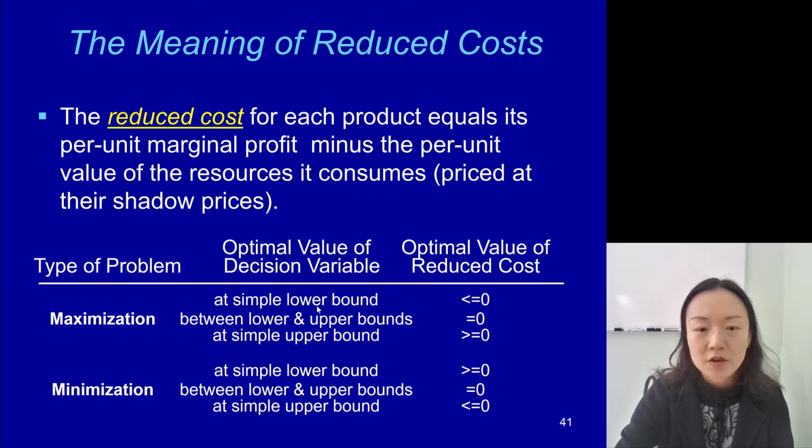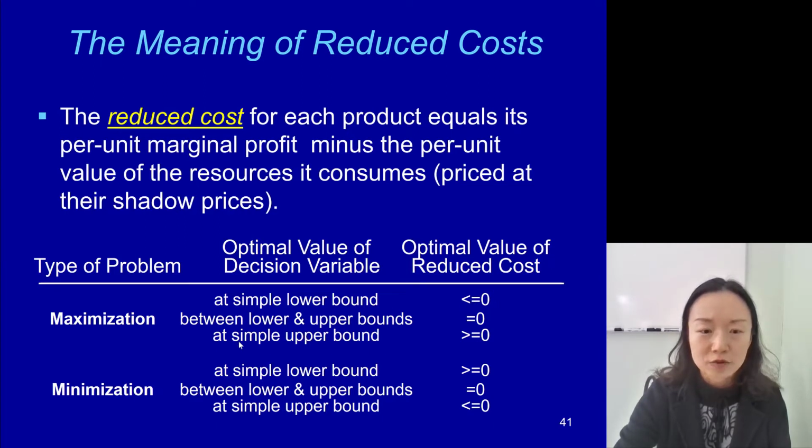Okay, but if a certain decision variable is at its simple lower bound, say we say this x1 needs to be greater than or equal to 0, and when the problem is solved, this decision variable equals 0, then that must mean producing this product does not help increase the objective function value. So it must have a reduced cost of negative.